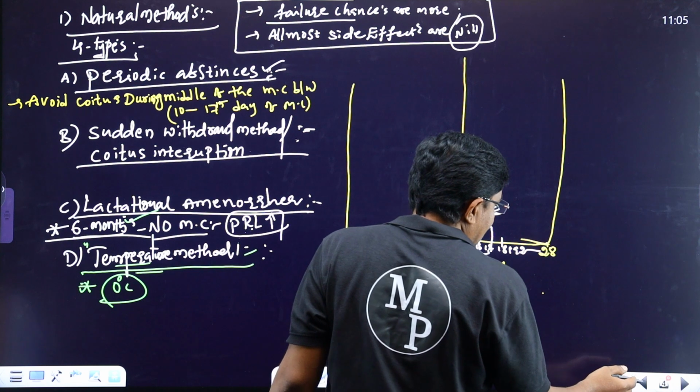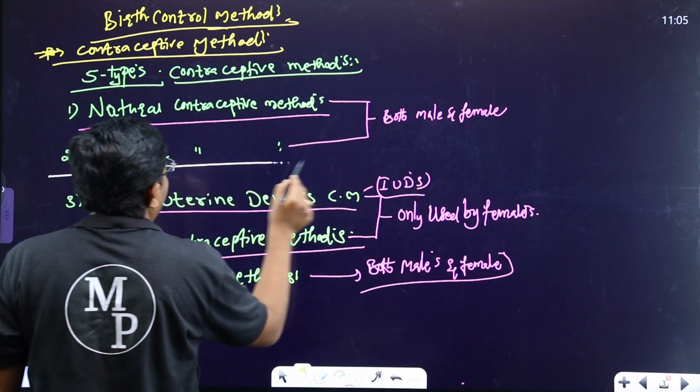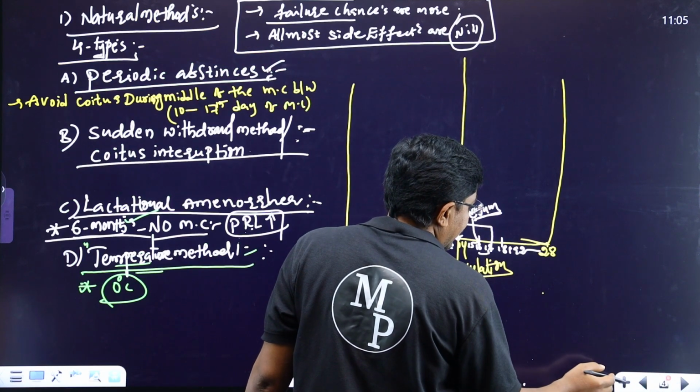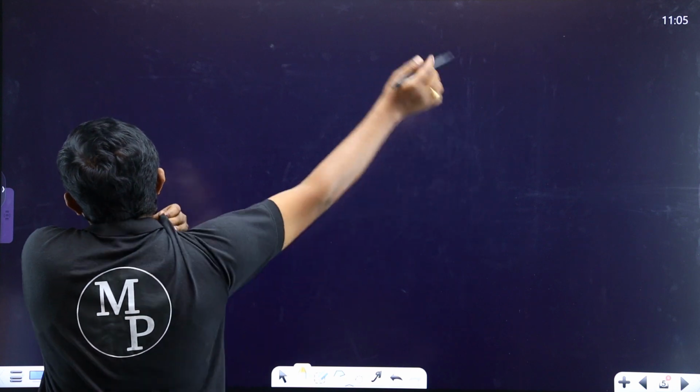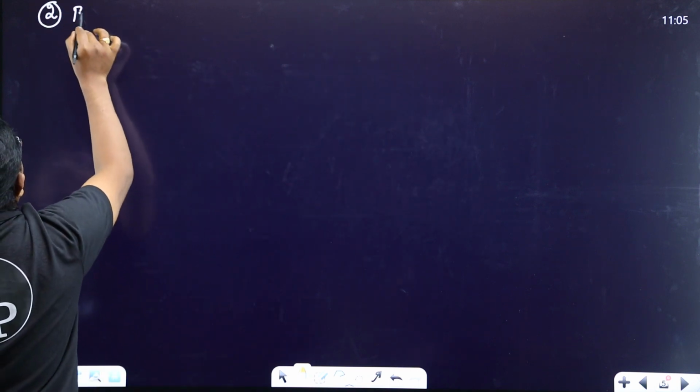After the natural methods, what is the second one? Barrier methods. Next we will discuss the barrier methods, the second contraceptive method.